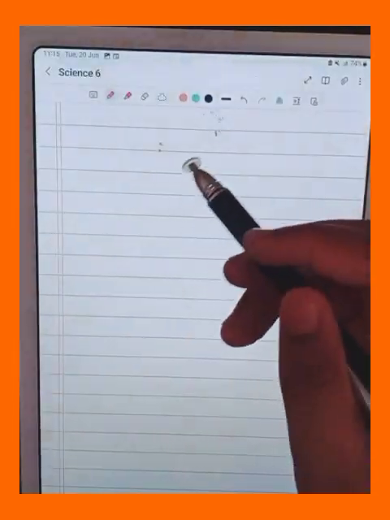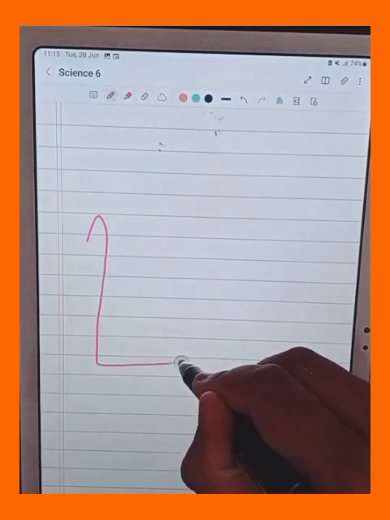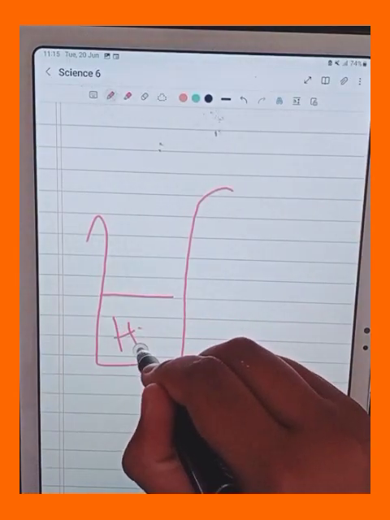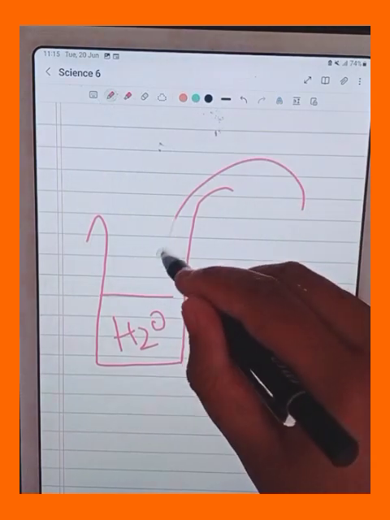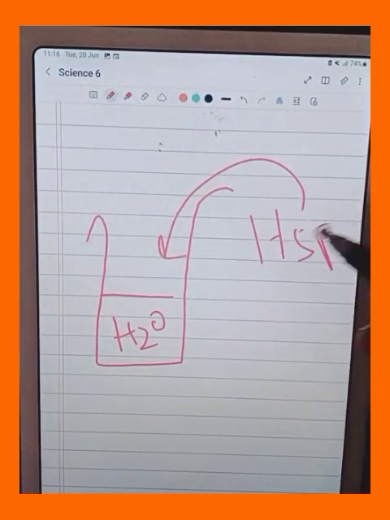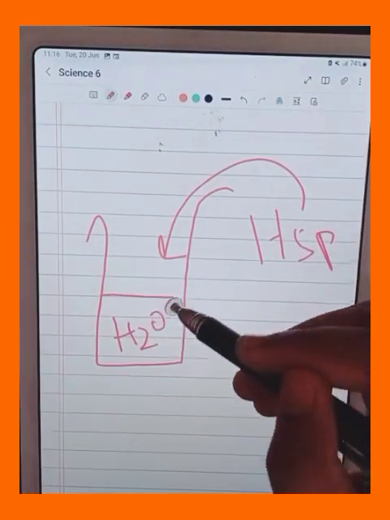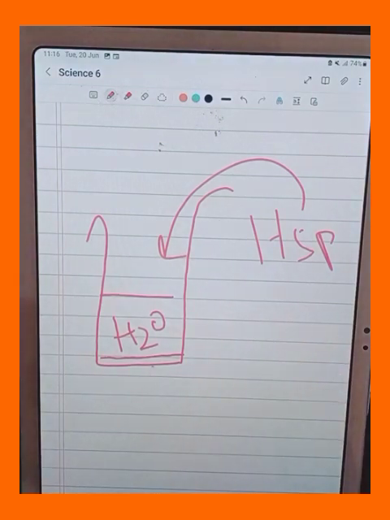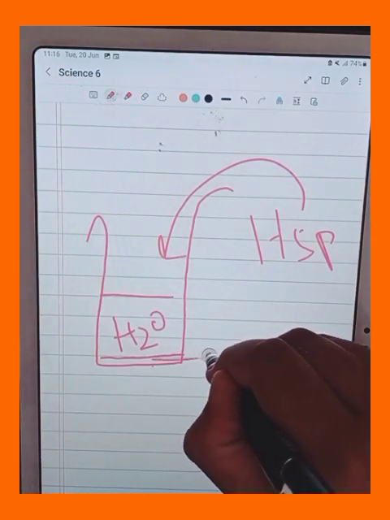So take a beaker, put water in it, H2O, and add salt. First 1 teaspoon. Just keep adding till you see a thin layer below. What is this a layer of? Salt.